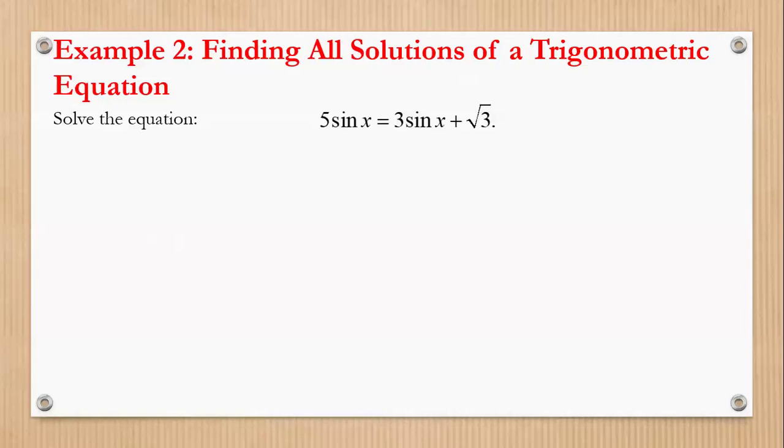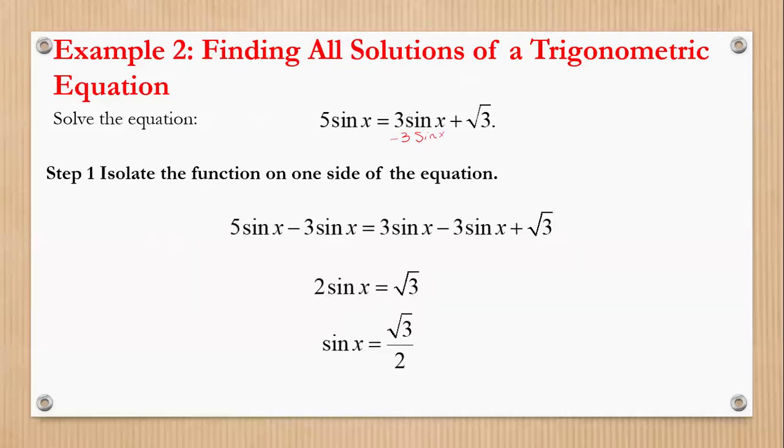I need to move 3 sine x to the left side, so I subtract 3 sine x. Then 5 sine x minus 3 sine x is 2 sine x, which is equal to root 3. If I divide both sides by 2, we get sine x equals root 3 over 2.